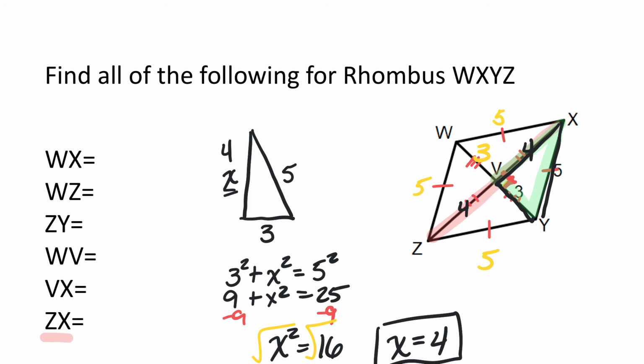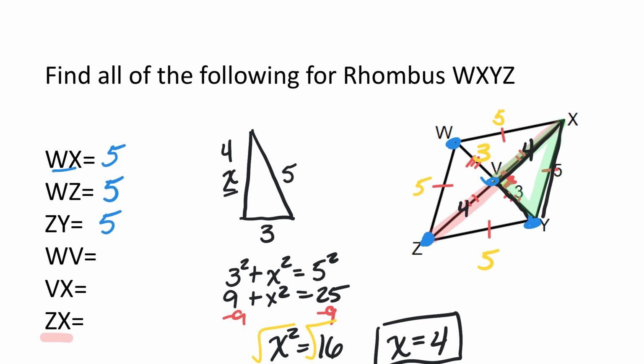All right, so let's plug in our answers here. WX, here to here, is 5. WZ, outside as well, is still 5. We then will look at ZY, also 5. And here we go, working on the inside.